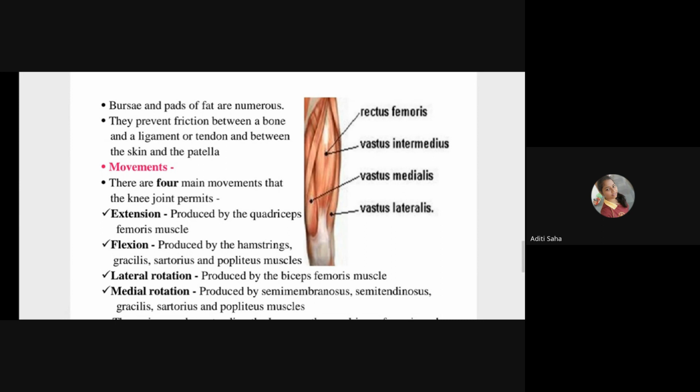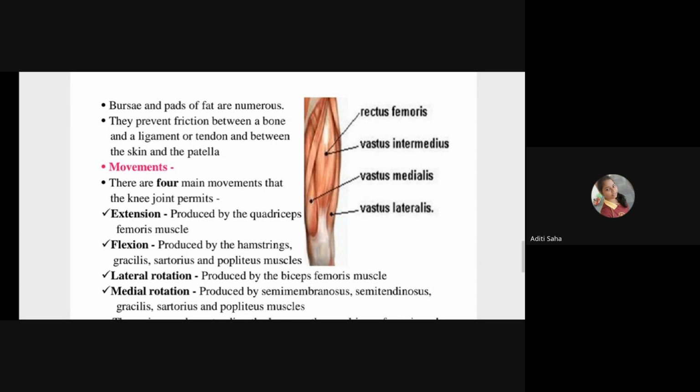They are protecting the knee as a cushion, and they also have a role in movement. They are not fixed, they also move. So they are cushion-like structures, they absorb shock, they protect the knee, and they also play a role in movements.